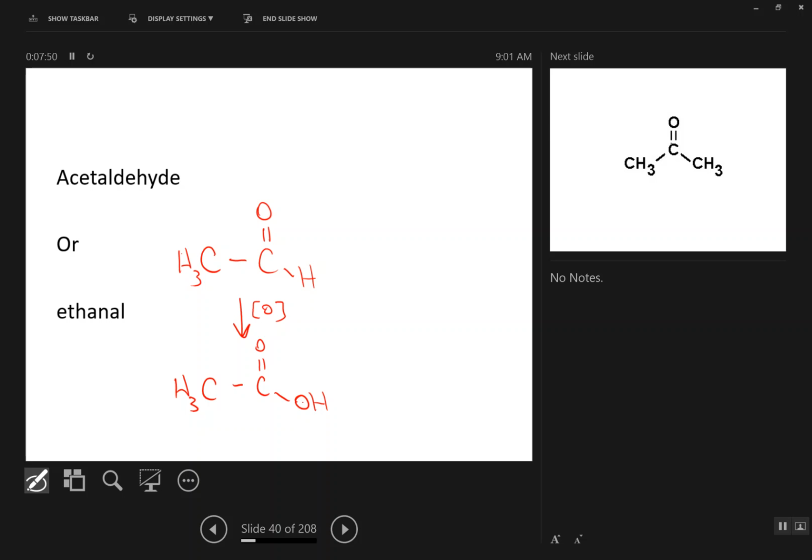Ic acid, that's how we always have ic acids here. Acetic acid, ethanoic acid from the ethanal or the acetaldehyde. We'll go to acetic acid.